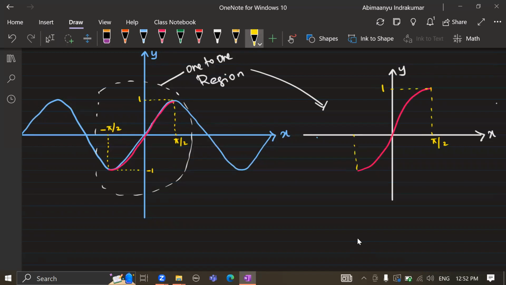Okay. Now, if I want to sketch the inverse graph of sine, all I need to do is reflect this graph. So this graph is sin x in one-to-one format.